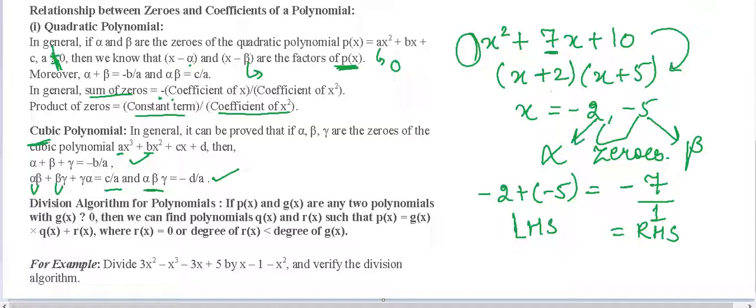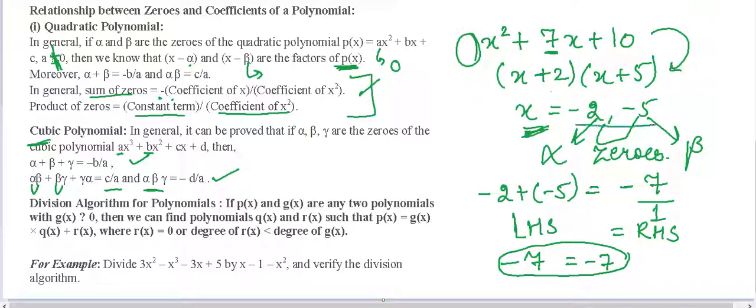Both are equal because this is minus 7 only. Minus 7 is equal to minus 7. So this says that the zeros you have calculated here are true. This is just a verification process, to check whether these two zeros are true or not, and you can directly get it by this result.